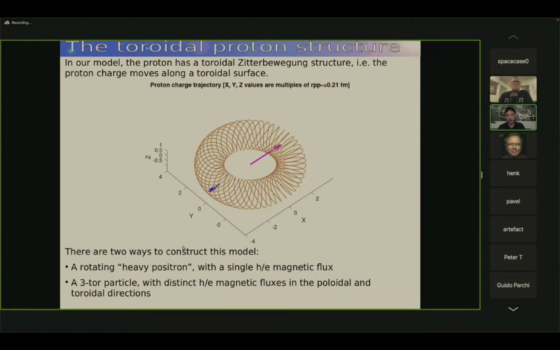The other way to construct this model is to say that the positron and proton are topologically different, and we consider the proton to be a 3-Tor particle with a distinct magnetic flux in the poloidal and in the toroidal direction.